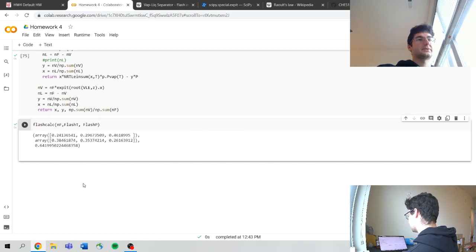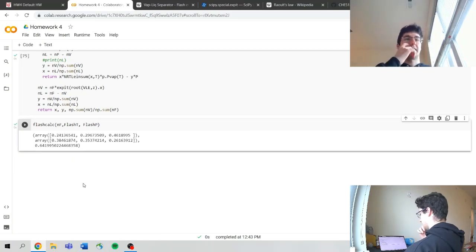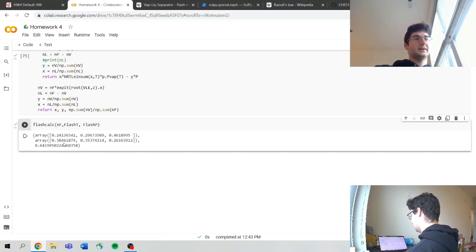As we run this here, you can see, hey, now first we have the compositions of the liquid, which is mostly water, as we'd expect, with a lot of methanol and ethanol still.